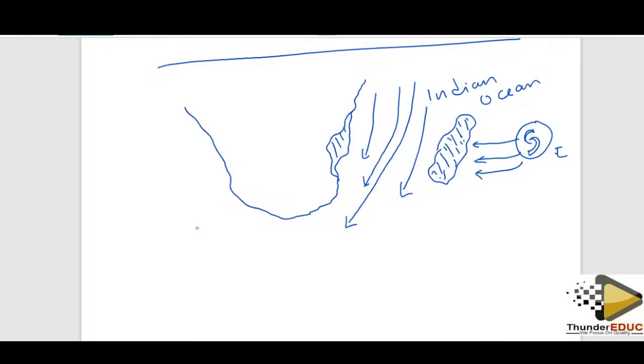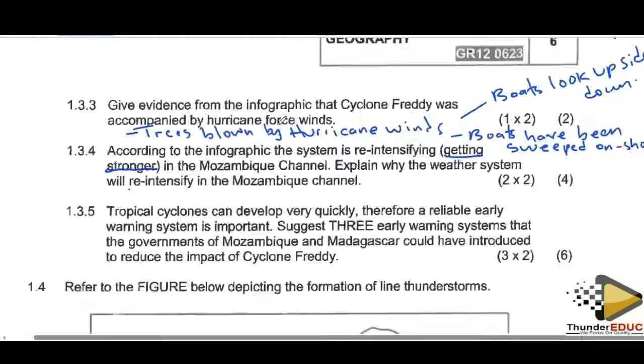So this is where the question I want us to focus on, which says, according to the infographic, the system is getting stronger in the Mozambique channel. Explain why the system will re-intensify in the Mozambique channel. We must give reasons what will make the cyclone become stronger in the Mozambique channel.